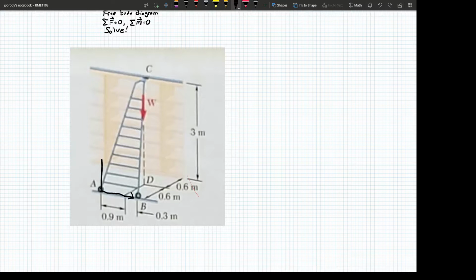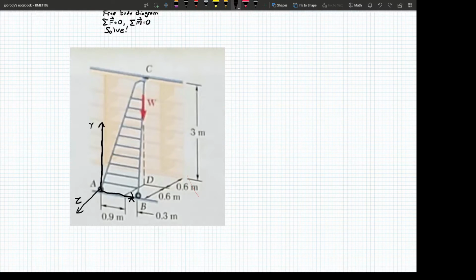My y is going to go up this way. This is X, Y, and then Z will be coming out. So I'm going to draw it this way. There we go. This is X, Y, Z, and there's my point of origin.